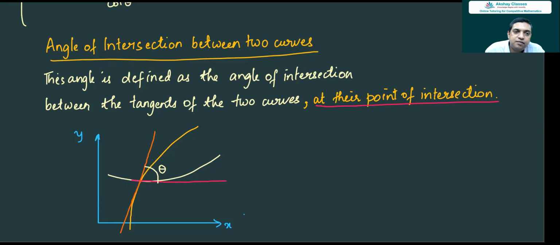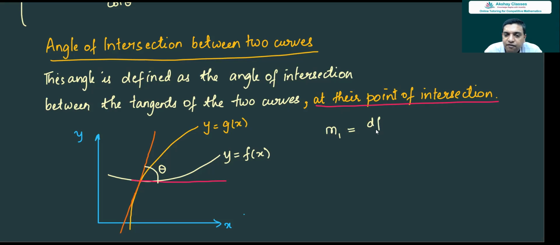So if the first curve is y equal to f of x, and the second curve is y equal to g of x. So how to find the angle? m1 is dy by dx for the first curve.